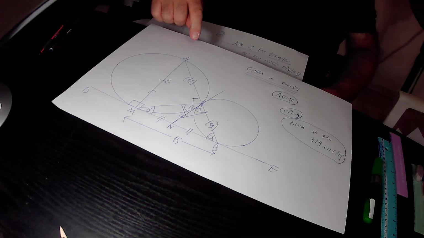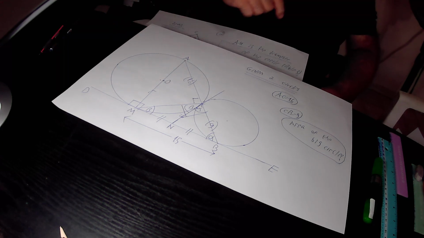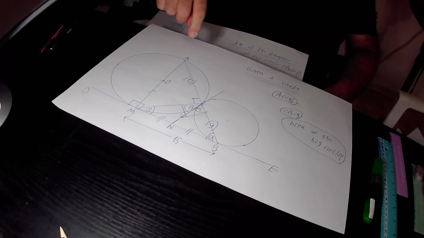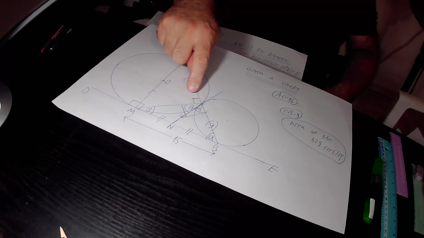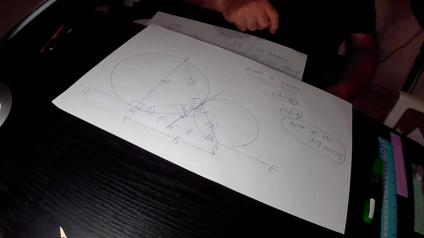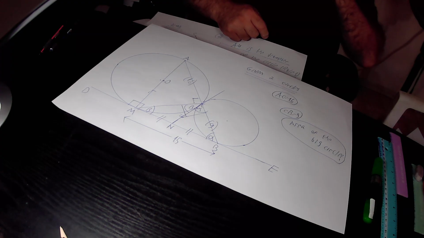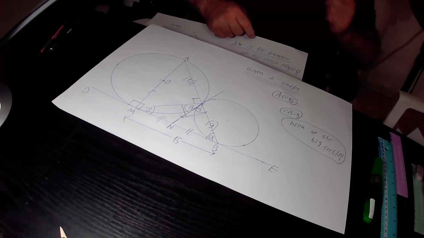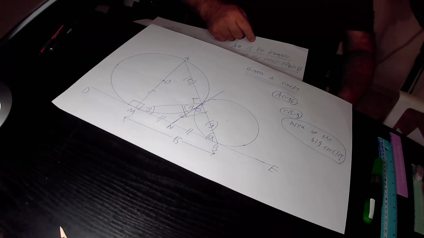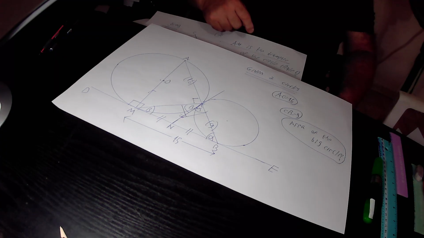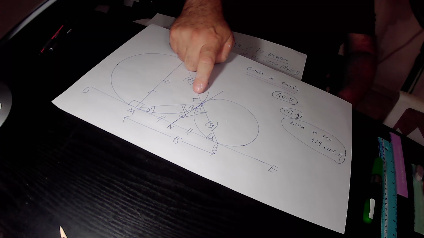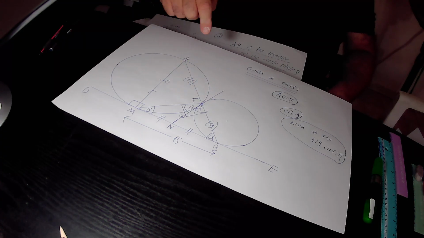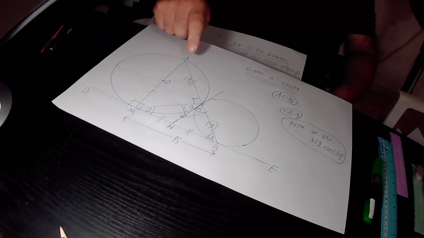In the next step, we join points A and M together by a straight line. So, inside this big circle, we have this peripheral angle ACM, that is a right angle. And according to rule 5, any peripheral angle that is equal to 90 degrees in size must subtend on the diameter of the circle.